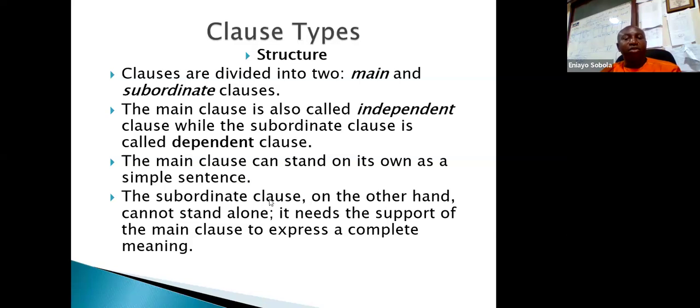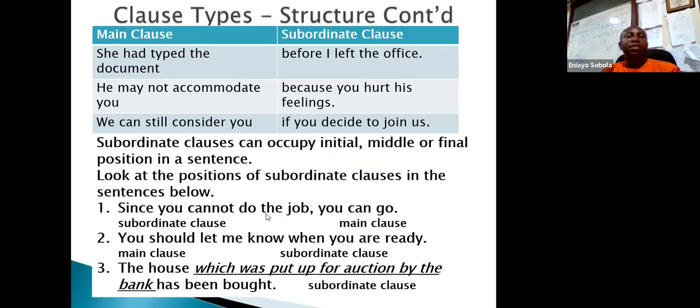But a subordinate clause, on the other hand, cannot stand alone. It needs the support of the main clause to express a complete meaning. While a main clause can still give us a complete meaning, a subordinate clause does not have that capacity to supply complete meaning.